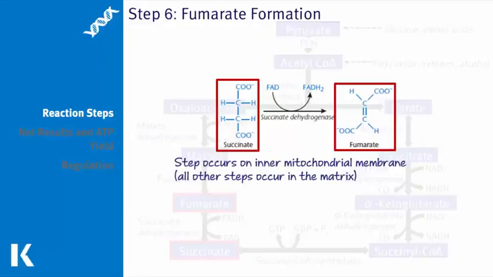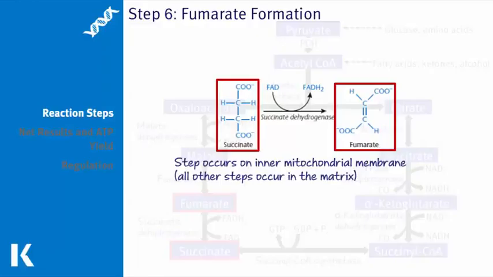The reason fumarate formation occurs along the inner mitochondrial membrane is because succinate dehydrogenase is an essential enzyme in complex 2 of the electron transport chain. There, it is involved in oxidizing the FADH2, donating the high-energy electrons to the electron transport chain.